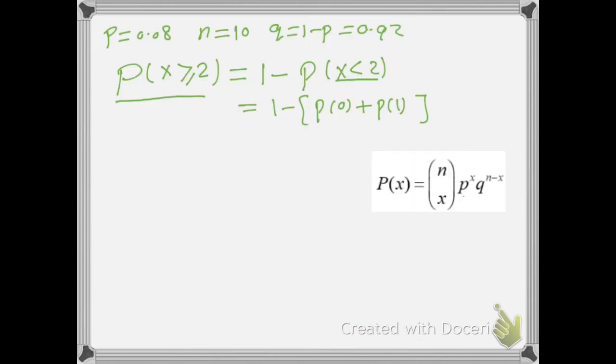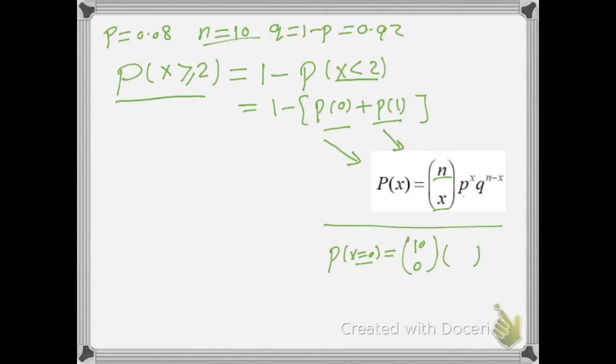Then to compute probability x equals 0, I should use this formula. And also to compute probability x equals 1, I should use also this formula. Then let's compute them here. Probability of x equals 0 equals what? This combination n and x. I know n equals 10 and x for this case 0. Multiplied by p. What is the value of p?